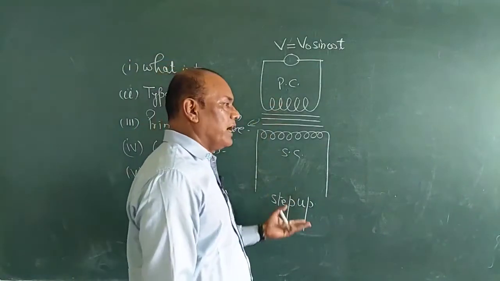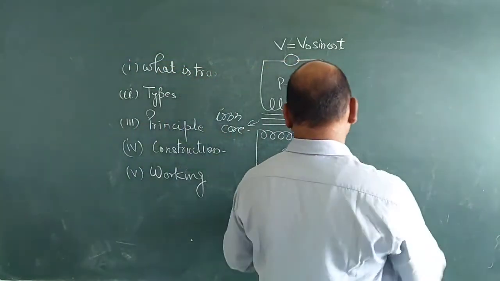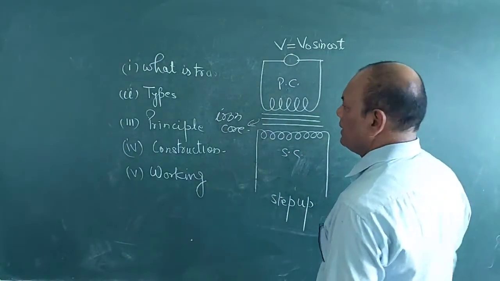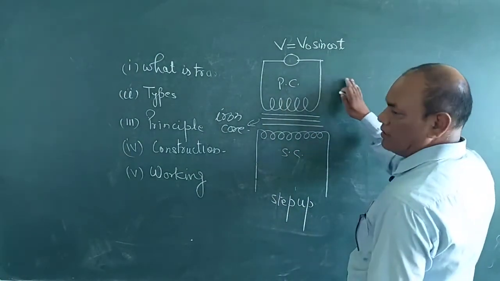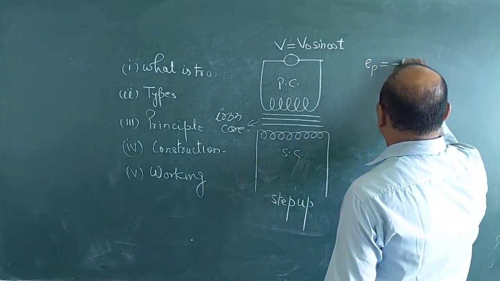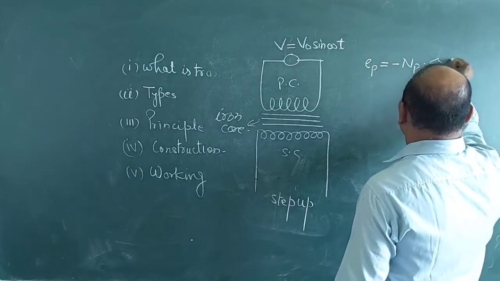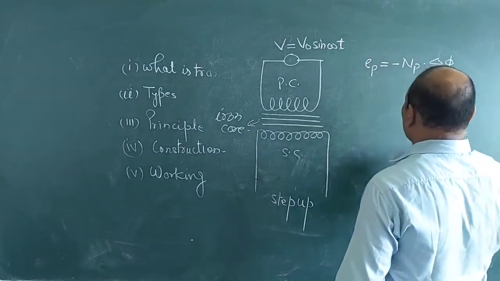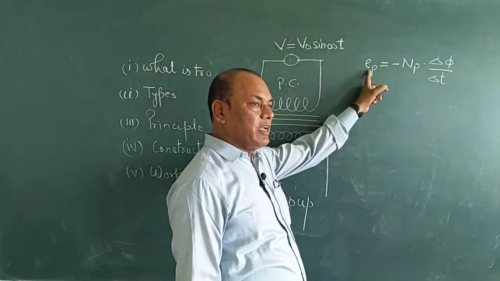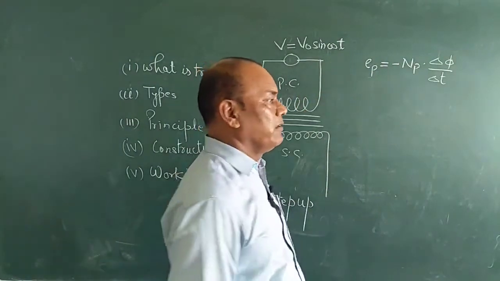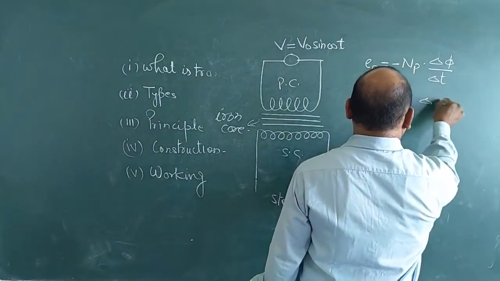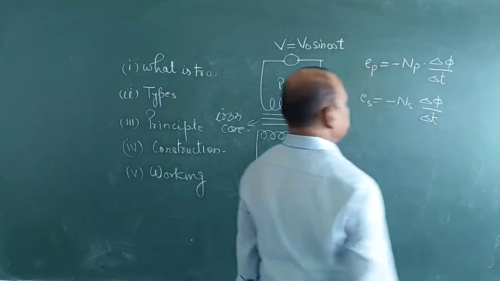If there is no magnetic flux loss between these two coils, then on applying Faraday's first law, EP is equal to minus NP into delta phi by delta T. What is this? It is the induced EMF produced in the primary coil. And ES is equal to minus NS delta phi by delta T.